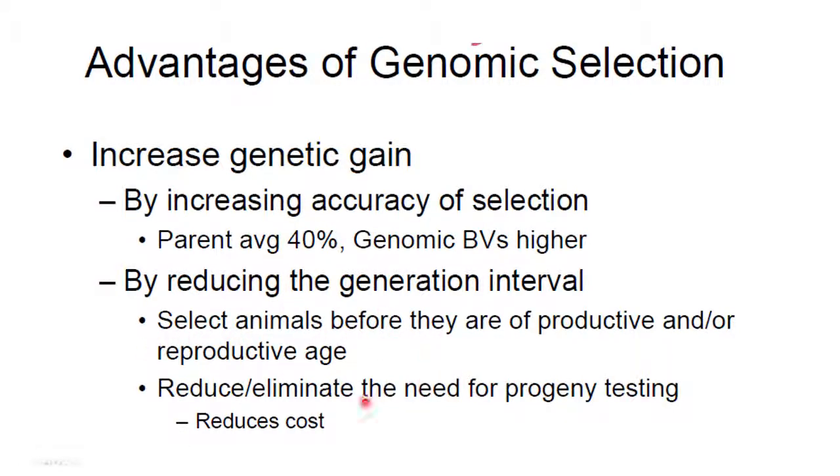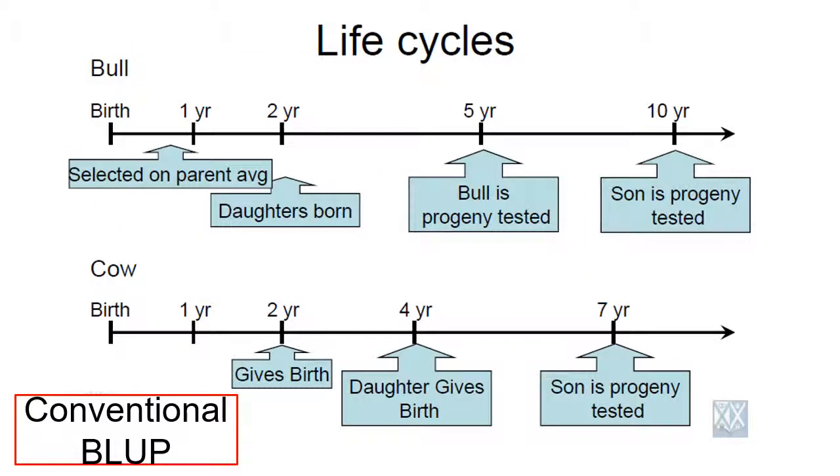So it also then reduces or eliminates the need for progeny testing, and that has a huge cost saving in the end, especially for artificial insemination companies that in the olden days needed to keep bulls for many years before they knew their true breeding values, or a higher prediction at least, on their breeding values.